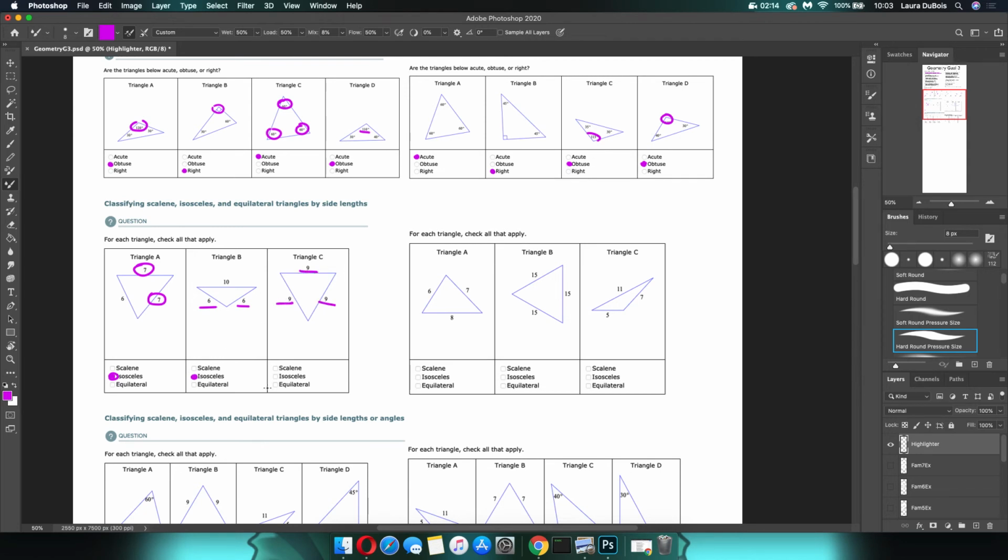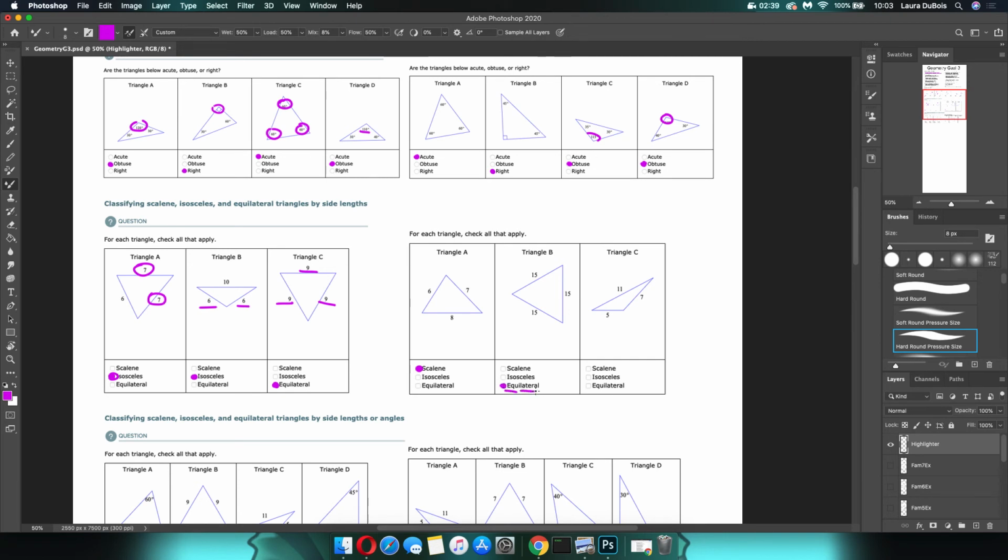All three sides are the same, which means this is equilateral. Okay, 6, 7, 8. Nothing matches over here, which means we need the last type, which is a scalene triangle.